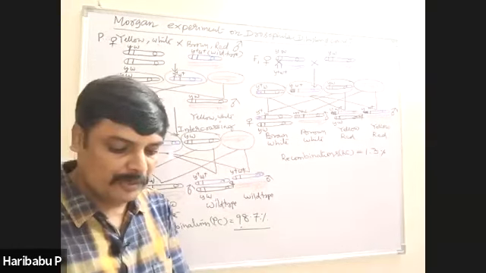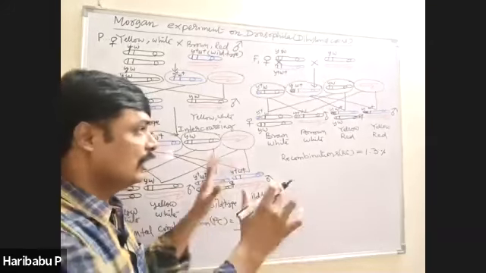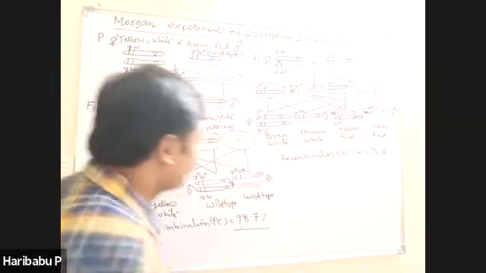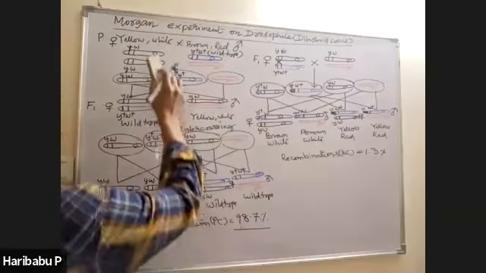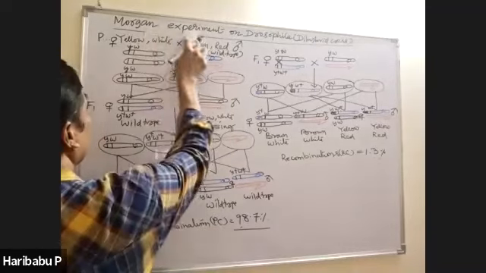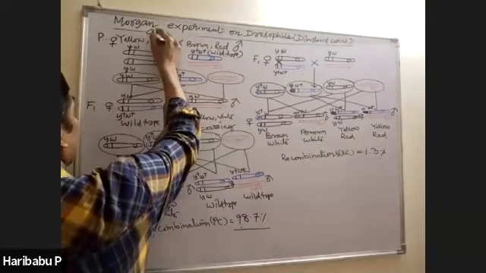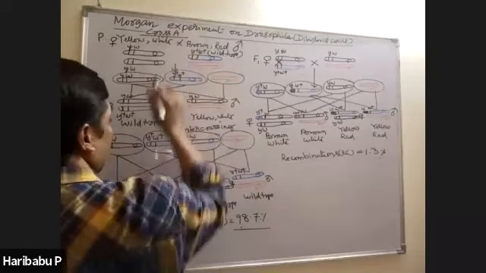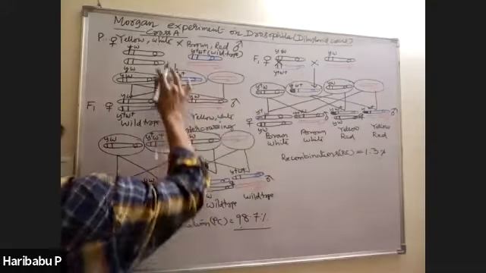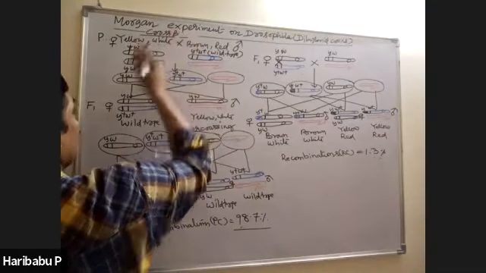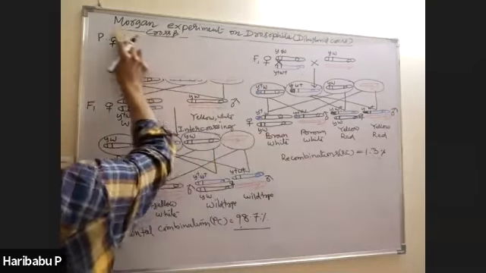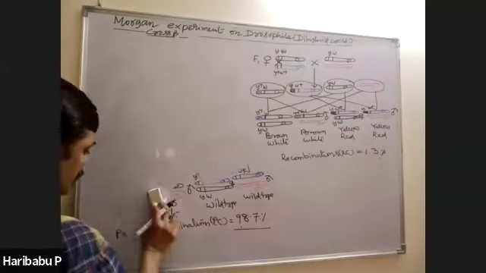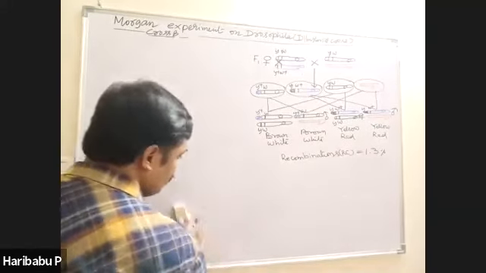Now I am going to discuss the second cross, but not with diagrams, simply by writing the names of the individuals. This is cross A. Now we will go for cross B. In the same organism, Morgan selected other characters and studied.